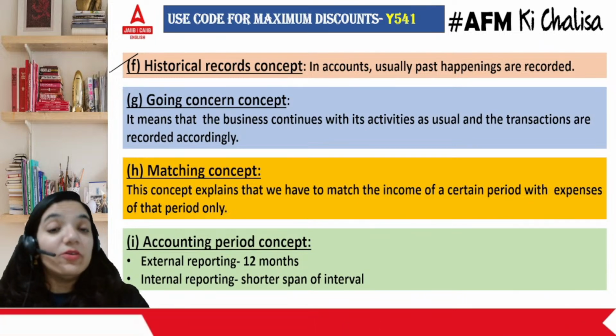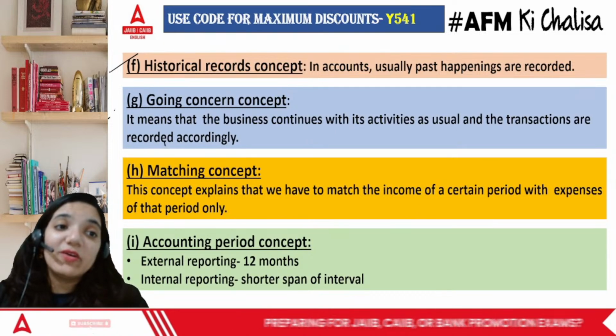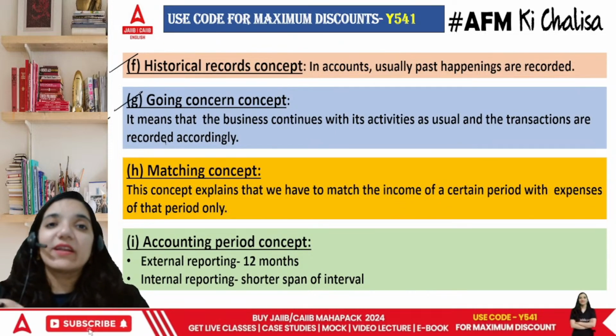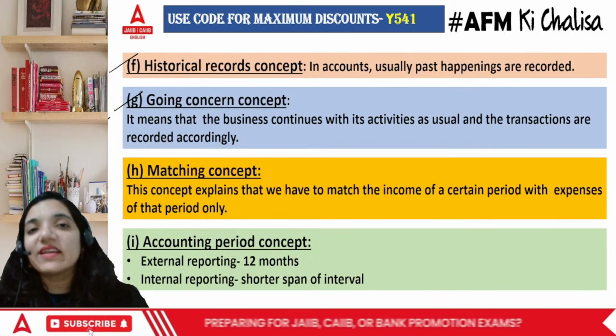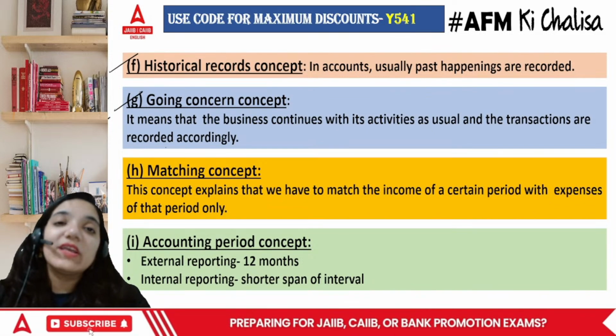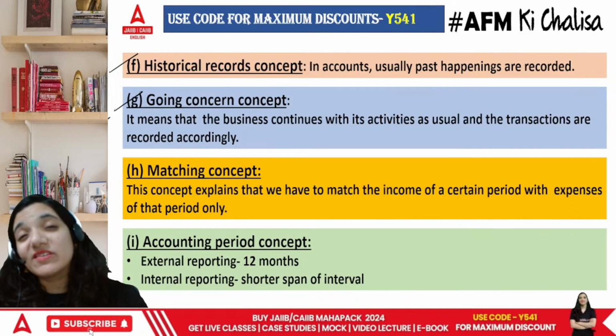Now, next point is going concern concept. Till the time you are actually not saying it outrightly that this is the end, the business still continues to exist. Going concern concept says that men may come and men may go, the business is here to stay.